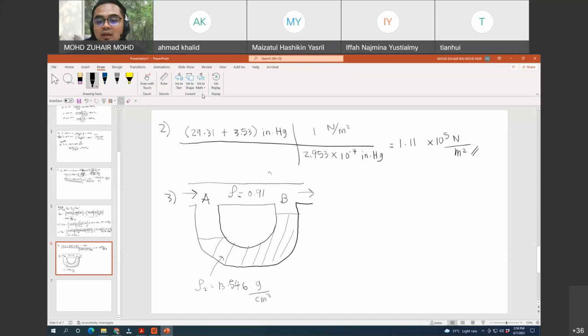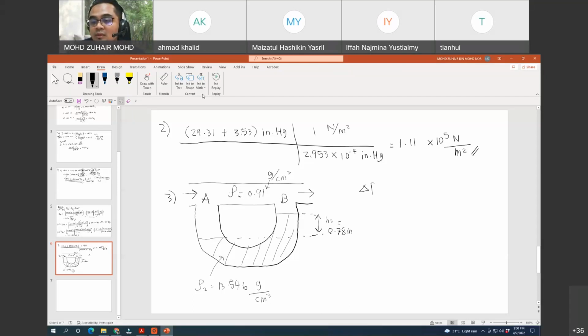This is also gram over centimeter cube. Okay, so the difference in height here is equal to 0.78 inch.